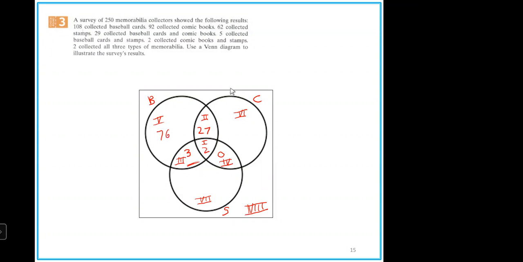Okay, so the next part I need you to answer now, Miss Pratt, is section 6, which is right here. That's the people who collect comics. How many more do we need to fill out that circle, based on the total number of persons that collect comics?